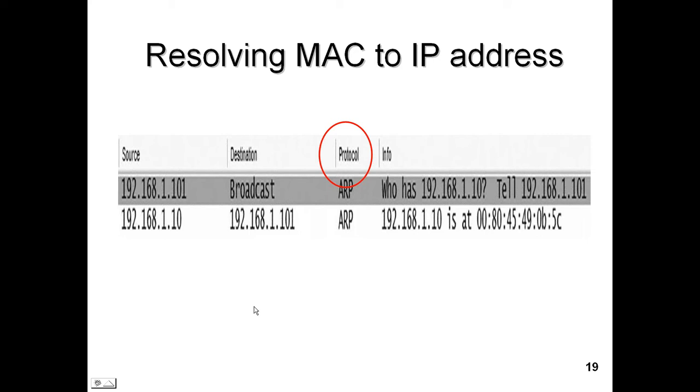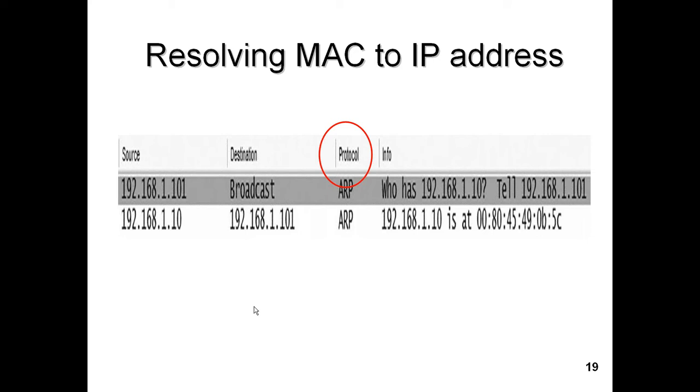This is another screenshot from Wireshark. What we've got is source and destination IP addresses, a protocol, and information. Our source over here on the left-hand side, the one in the gray box, 192.168.1.101, is my desktop computer.